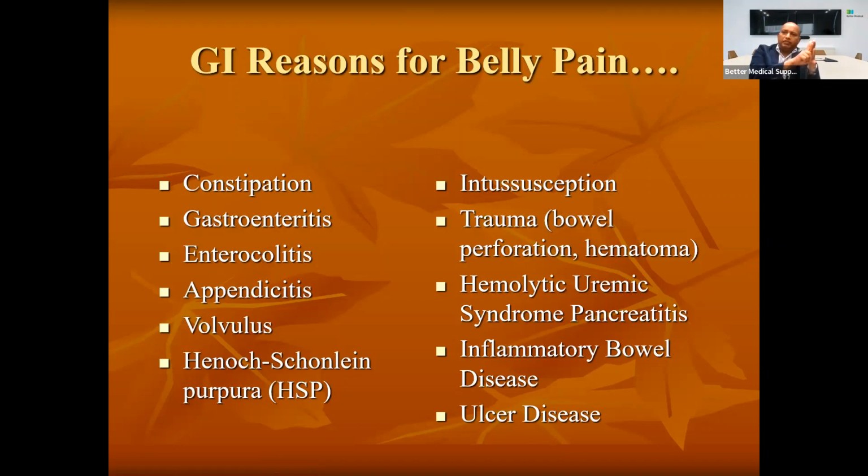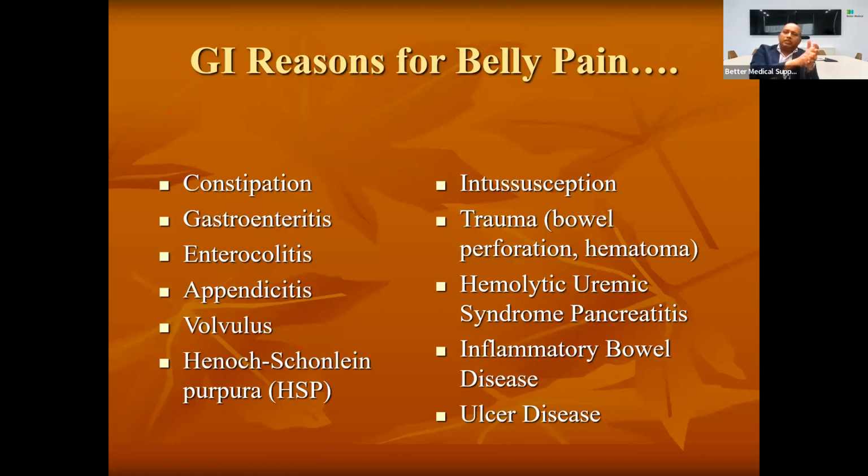Most of the time I get referrals, or we find mesenteric adenitis and lobar pneumonias. Sometimes we get patients who have swallowed foreign bodies, iron and button batteries, and they present with abdominal pain. Those are the surgical emergencies we see.